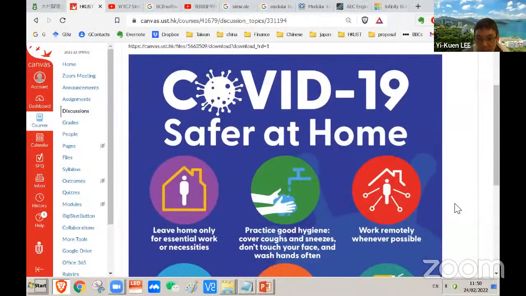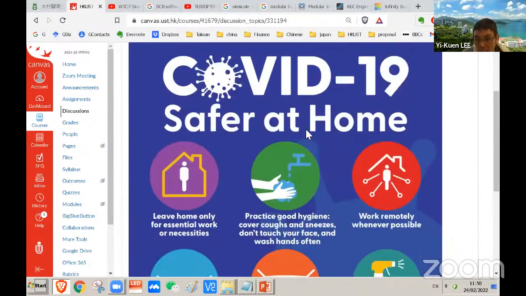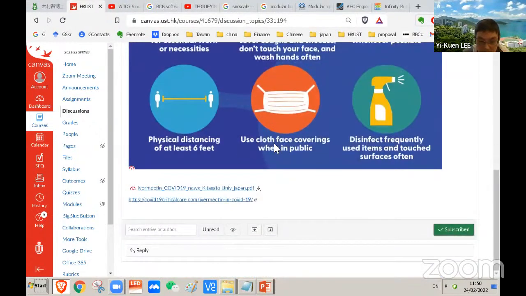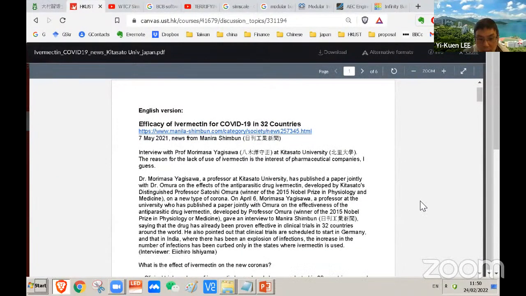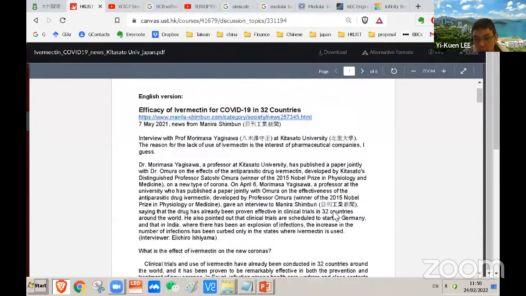Again, I remind you about this one page reminder, and I also try to show you something from the 2015 Nobel Prize winner, the conversation. Originally it's news from the Japanese Mainichi Shimbun, which I converted into English and Chinese.